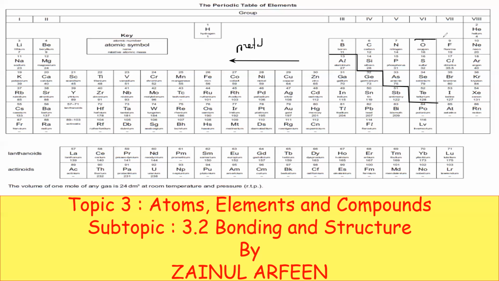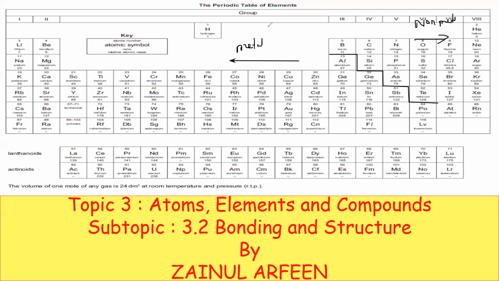The elements on the right hand side of this stair are non-metals. So a simple technique is there. Between boron and aluminum, you draw the stairs, and after drawing this stair, you can simply work out the position of the metals and non-metals. On the left hand side of this stair, you will find metals. On the right hand side, non-metals.